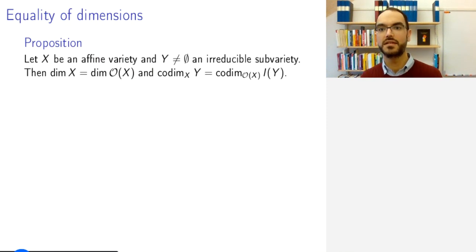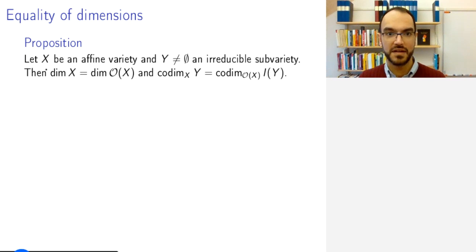So now we have defined the algebraic dimension of a ring and the geometric dimension of a Noetherian topological space. It would be sad if, when taking the special case of the coordinate ring of an affine variety, these two notions would give different numbers. Thankfully, this is not the case. So the proposition is as follows.